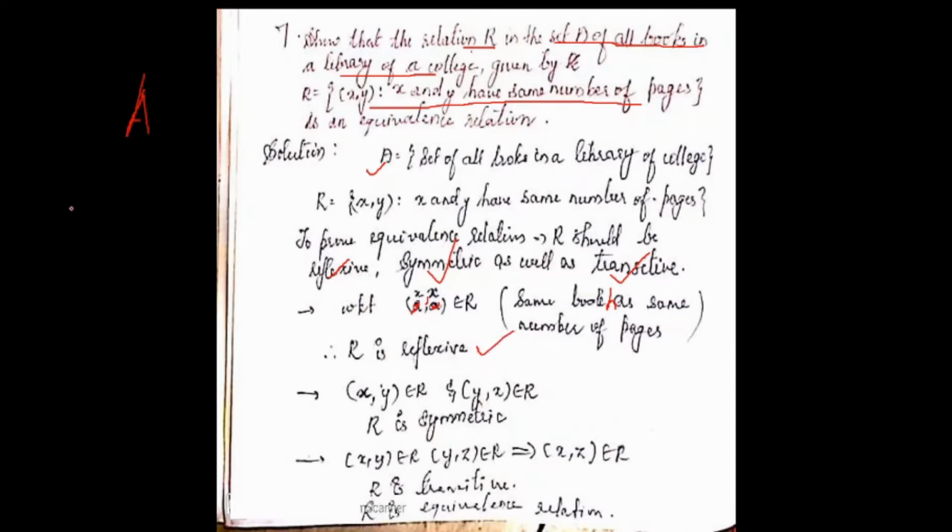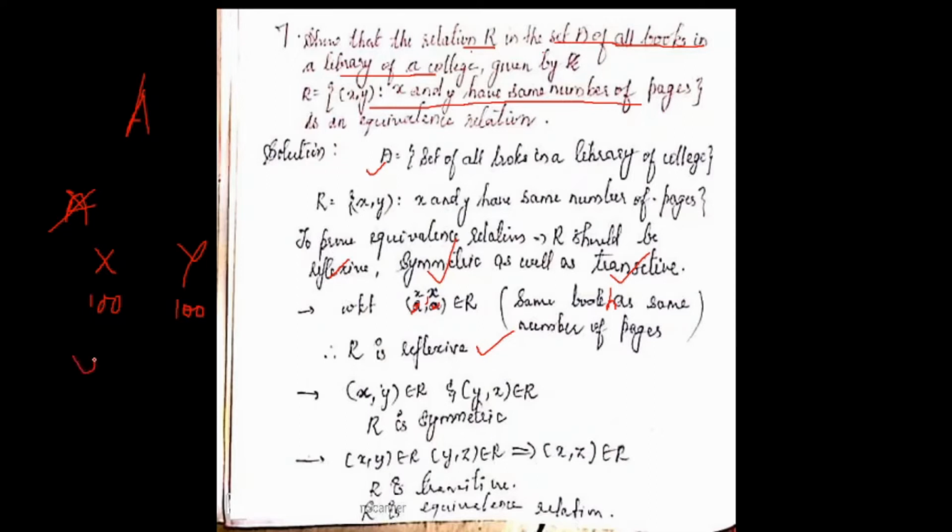Now next, for symmetric, we need A and B, that is two books. Otherwise leave this. We'll go for X and Y, that is better, otherwise you'll get confused. Books X and Y, how many pages? 100 pages, and here again 100 pages.